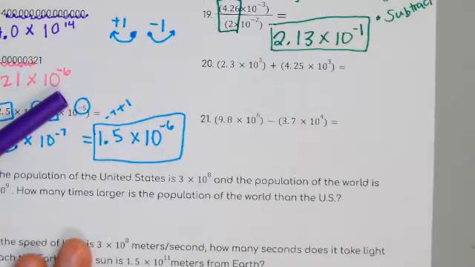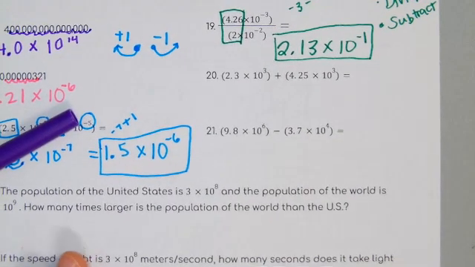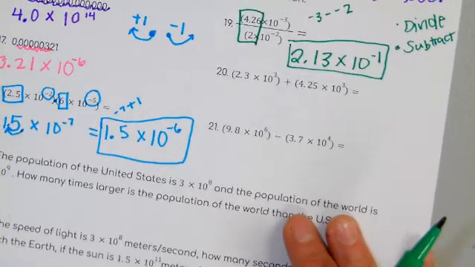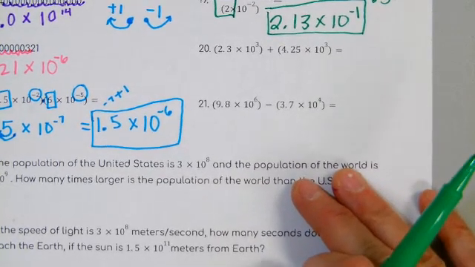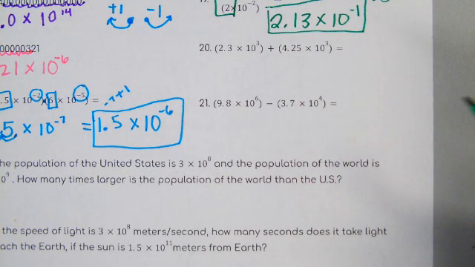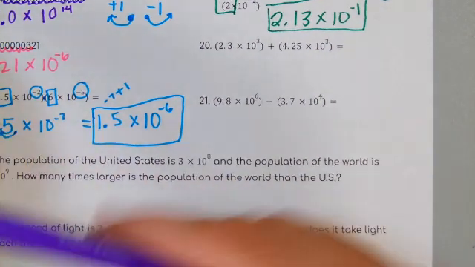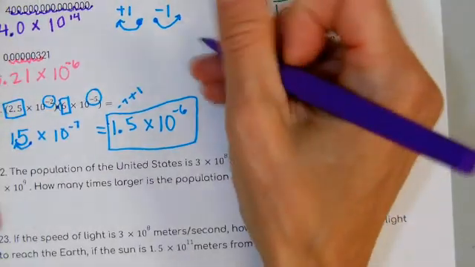Okay, our next two are adding and subtracting. To add and subtract, there's no real trick that we're going to use here. We're going to write them out in standard, add them or subtract them, and then put them back in scientific. Okay, so what I mean by that is 2.3 times 10 to the third. I'm going to move that decimal out 3 spots.